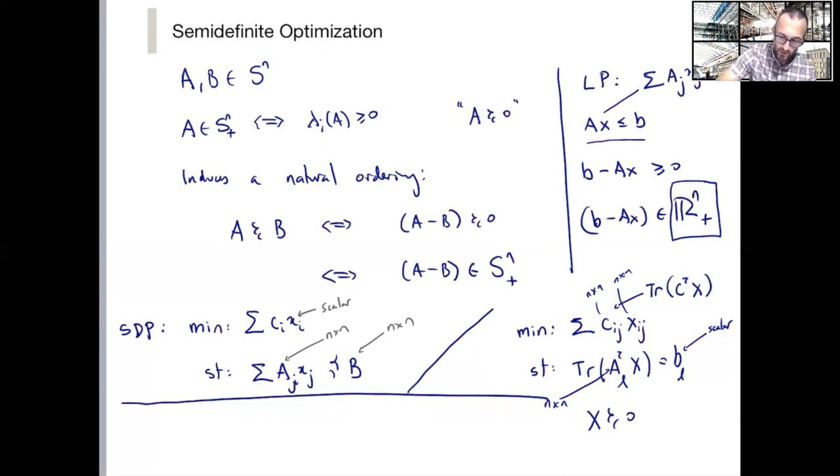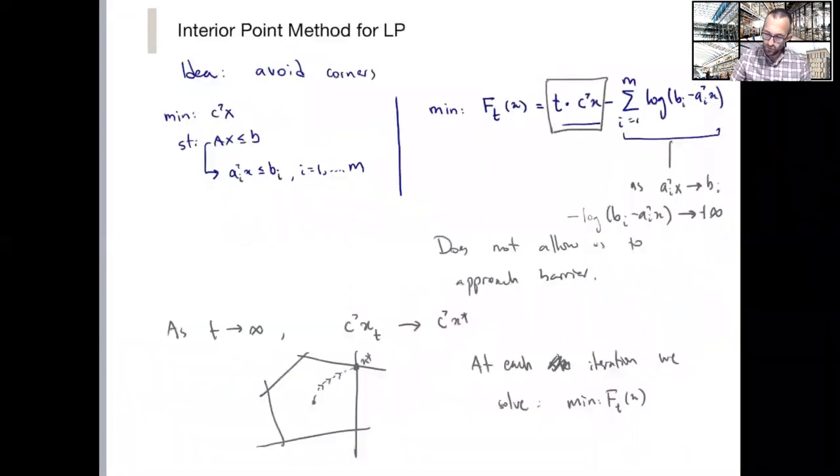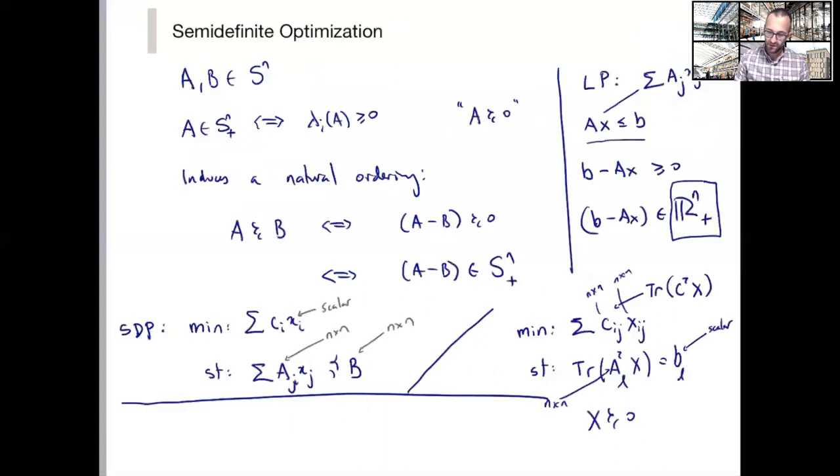So let's see. Here, going back to linear programming for a second, this was our barrier for the constraints Ax less than b. So we need a barrier for these constraints.